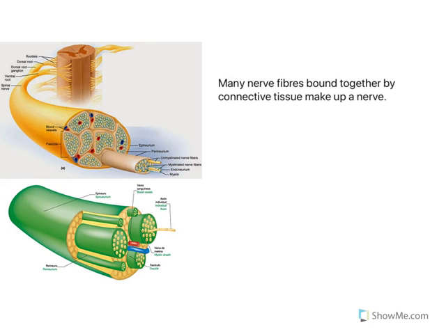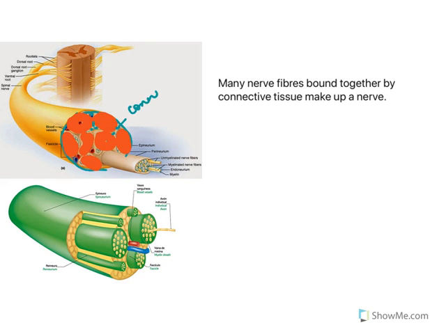Here's a picture of a nerve. And the nerve, this is an entire nerve, and the nerve is made up of many nerve fibers. Many nerve fibers are put together by a connective tissue, and hence we get a nerve.